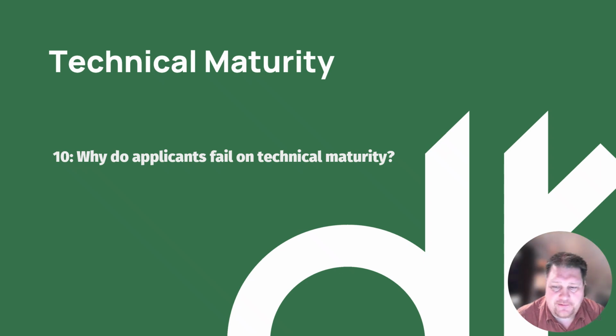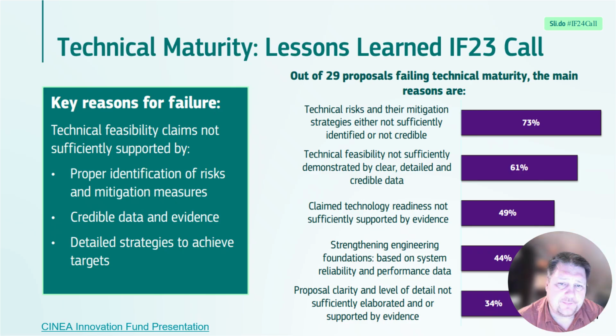So finally, I will then explain a little bit on why some of the applications fail on the technical maturity side. And as previously explained, technical maturity is the second most frequent reason for failure on Innovation Fund call applications.